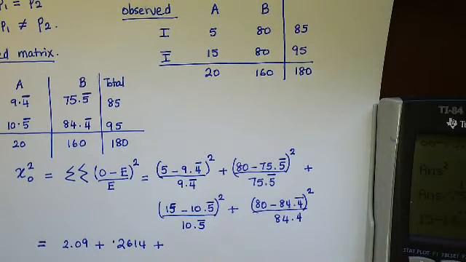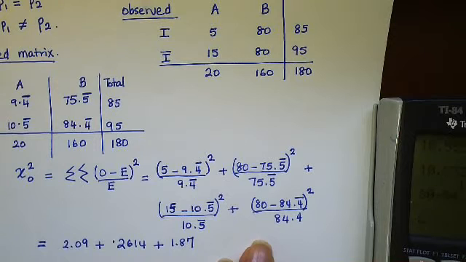Plus 15 minus 10.5 repeating, square it and divide by 10.5 repeating: 1.87.